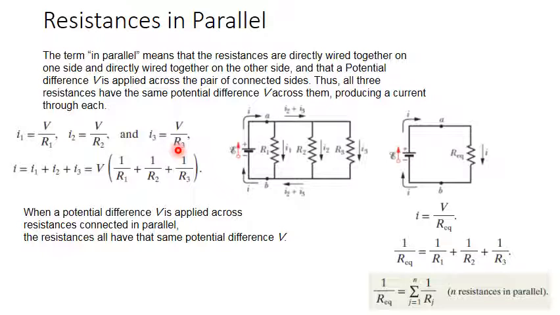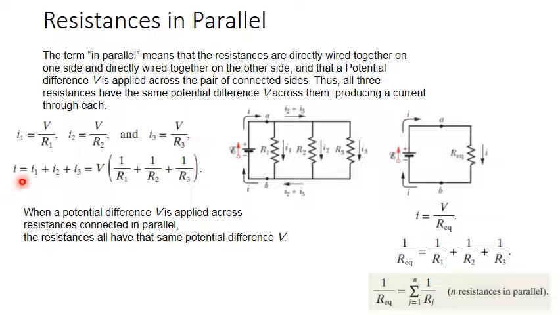By using the junction rule or Kirchhoff's current law, we can say that all this point is a node called A, and all this point is a node or junction called B. So the total current entering junction A equals the summation of the currents leaving point A. The total current I, which is coming from the EMF source, equals the total current entering the resistors. So I equals I1 plus I2 plus I3.